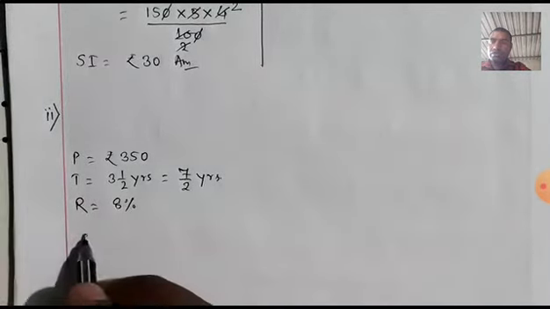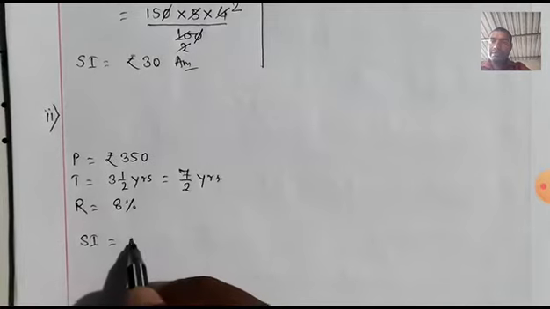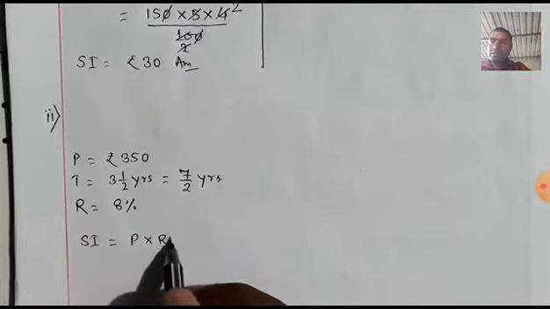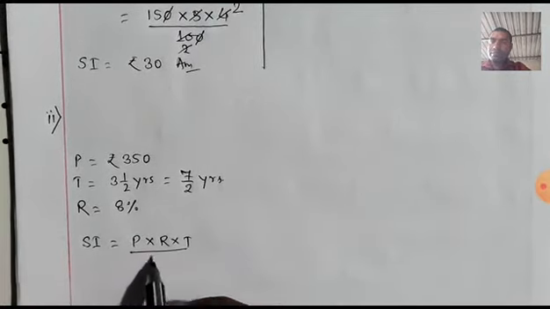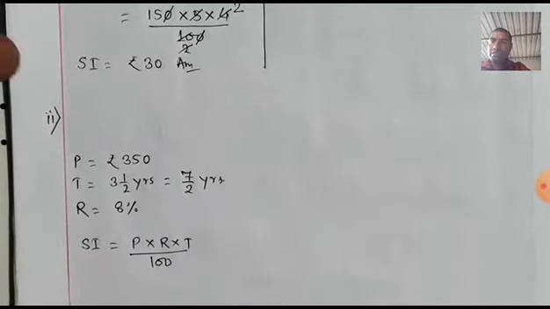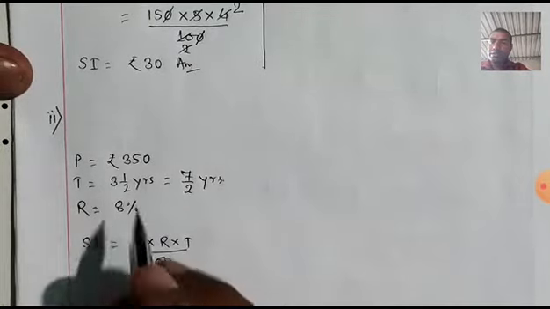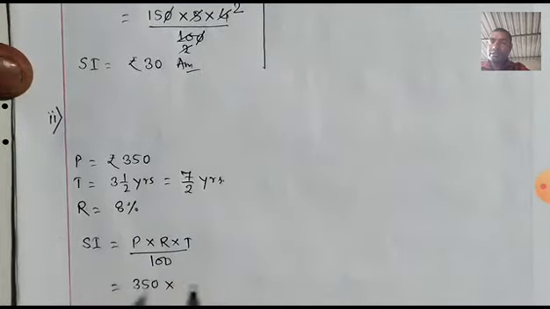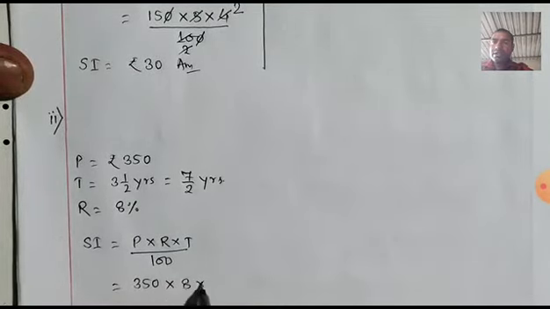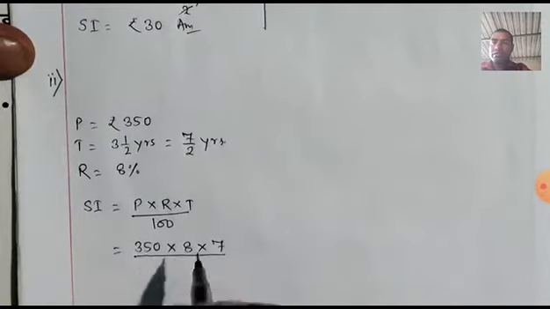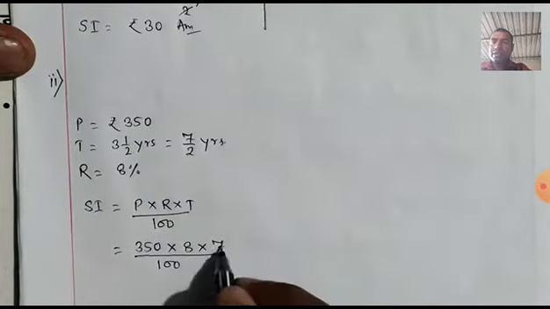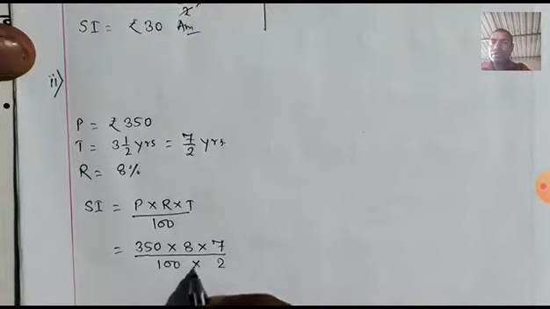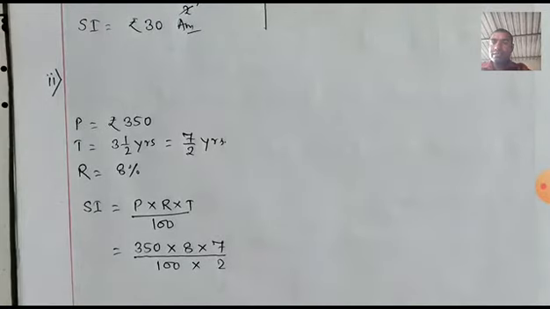After that we will calculate the simple interest. SI is equal to P into R into T upon 100. So P we will write 350, R is 8%, and T is 7 upon 2, where 7 is the numerator and 2 is the denominator. So 100 into 2 in the denominator.